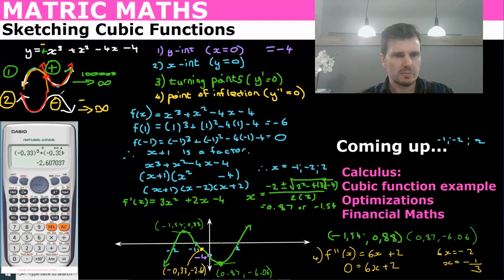All of these cubic graphs change at some point from being concave up to concave down. The way they change is called the point of inflection. And so here, at this point, it changes from the concave down to the concave up.